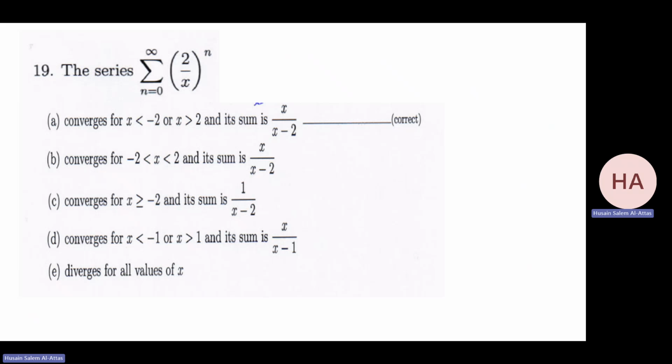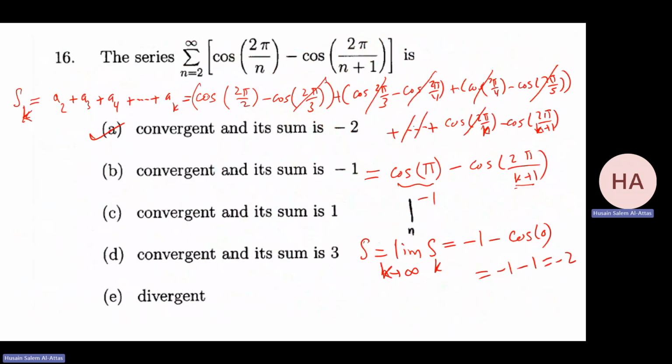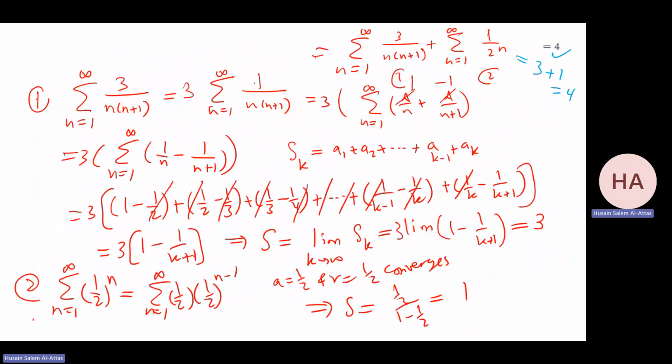2 over x to the power n. So I have r to the power n. I know that it converges for which x? He's putting x here. If I have the series r to the power n, what will happen? If you remember, we did that series when we talked about the geometric series.